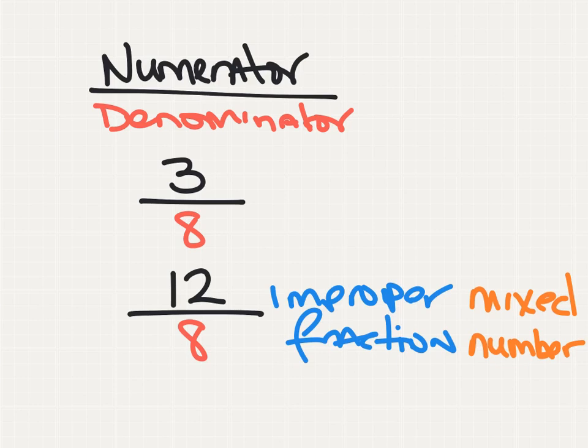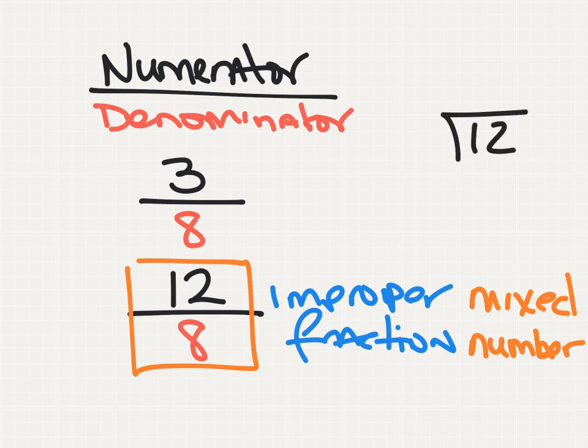In order to rename 12/8 into a mixed number, we do what that fraction says, 12 divided by 8. I can make no groups of 8 from 1, but I can make one group of 8 from 12. 12 minus 8 is 4.